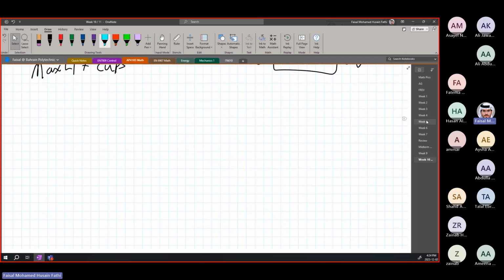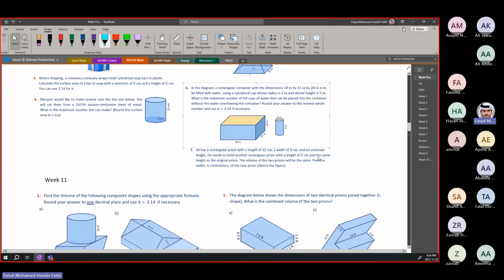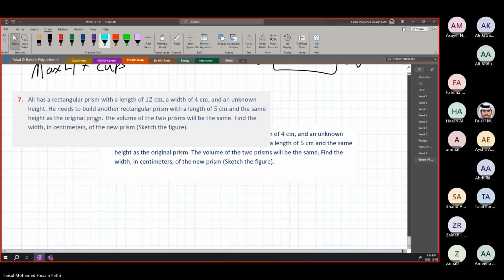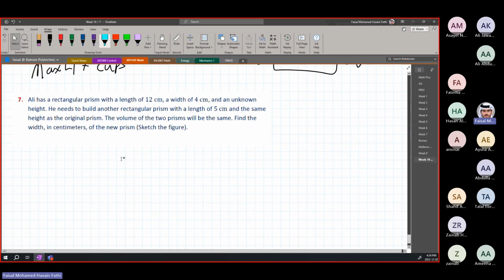Okay, let's see if there's any more questions here. Last question. Week 10. Ali has a rectangular prism with a length of 12 centimeters, a width of 4 centimeters, and an unknown height.